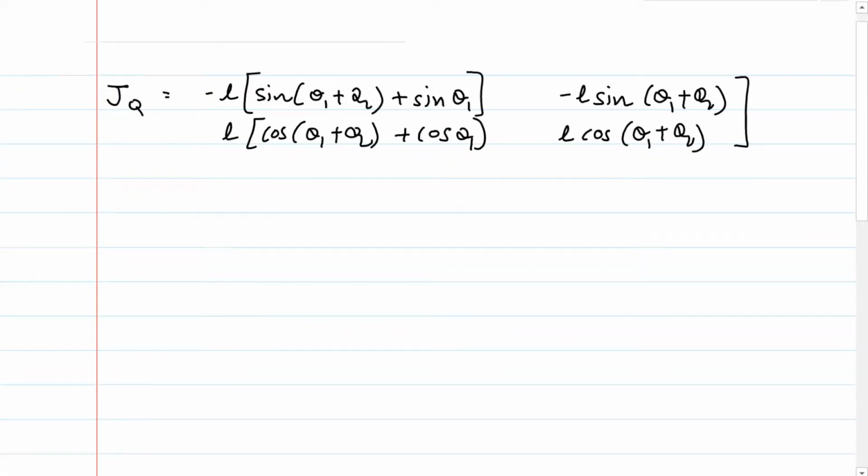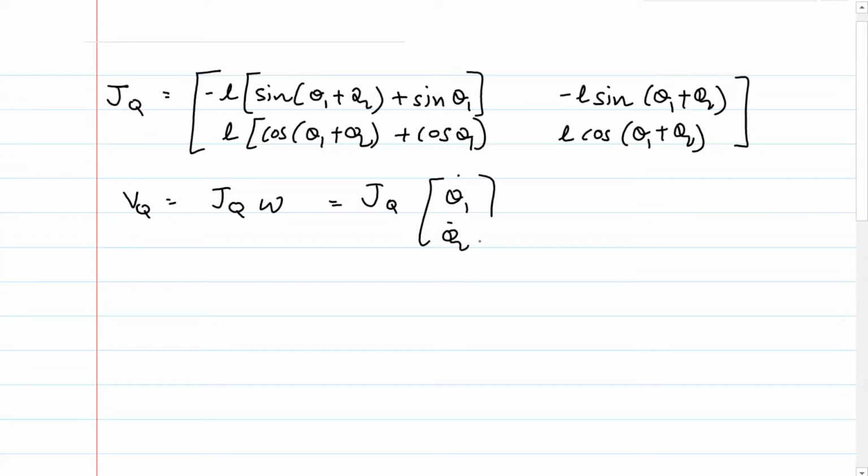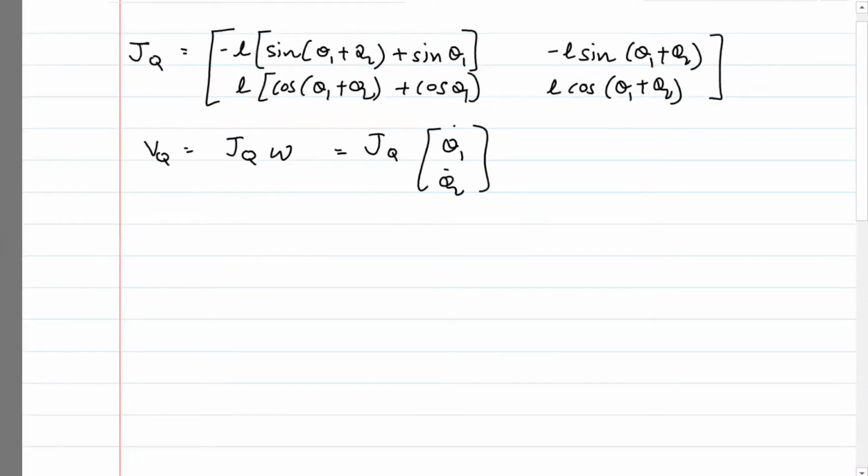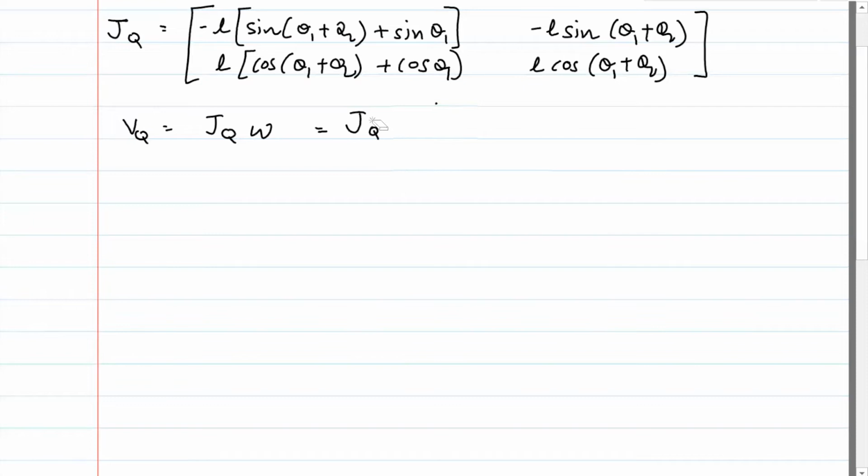Okay, so that's the formula for Jq, and we said Vq is Jq omega, where Jq is given, but omega is simply theta 1 dot, theta 2 dot. So the way you can think of the Jacobian is, I'm just going to write the elements J11, J12, J21, J22, theta 1 dot, theta 2 dot.